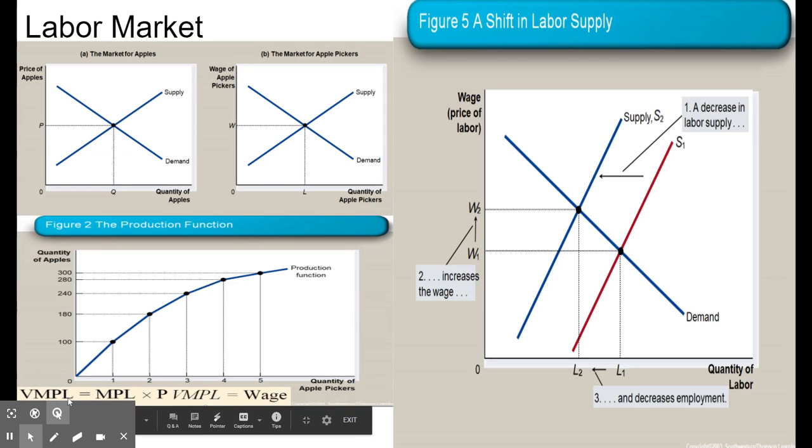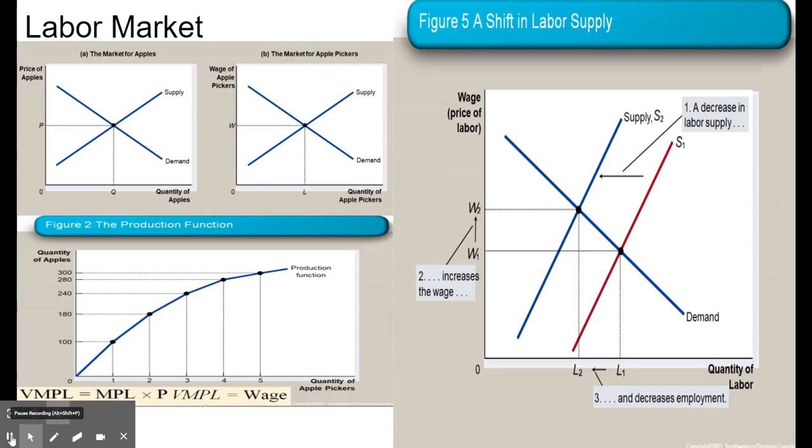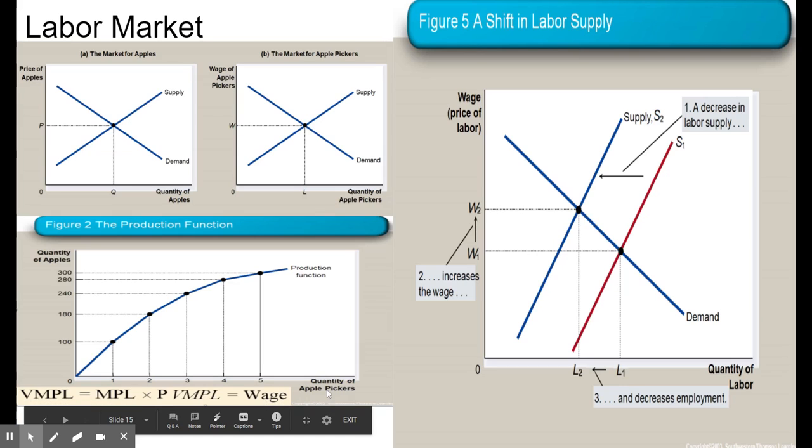You can see VMPL is the value of marginal product, and that is the marginal product of the input multiplied by the market price of the output. So VMPL equals MPL, which is the marginal product of input, that change that happens, times the price of the market output. That is also what would be the efficient wage.